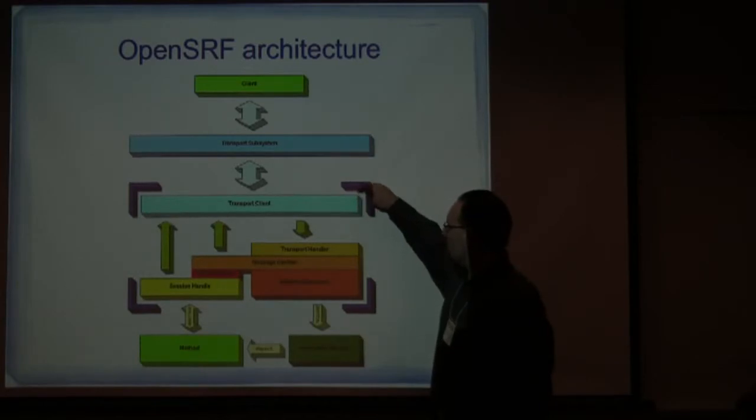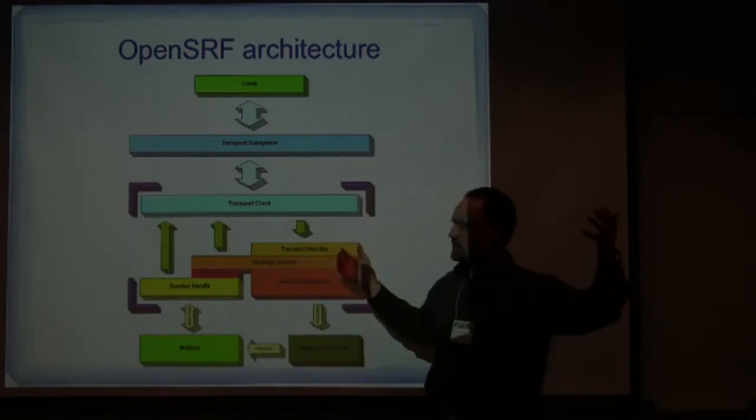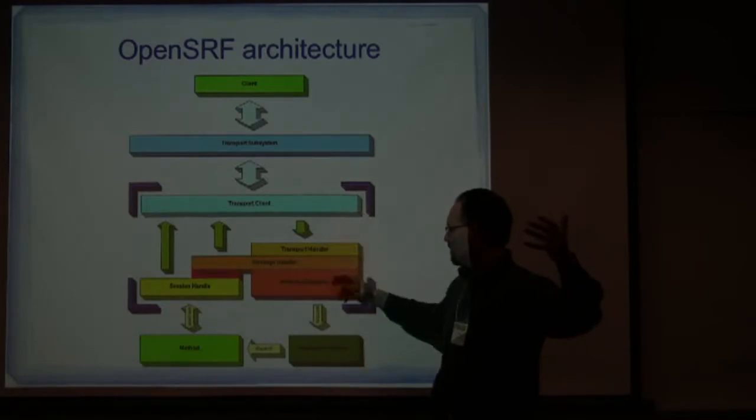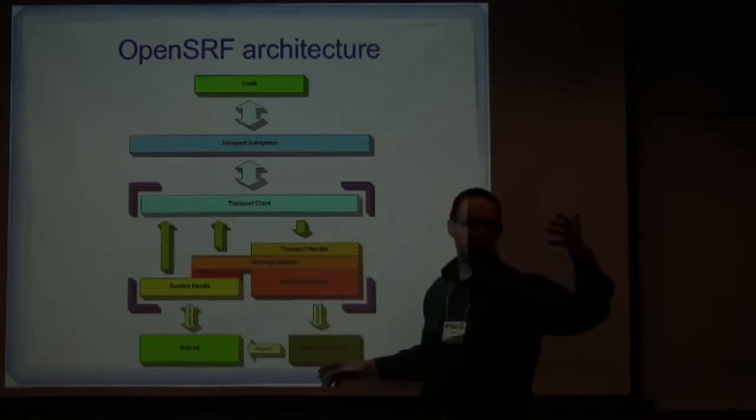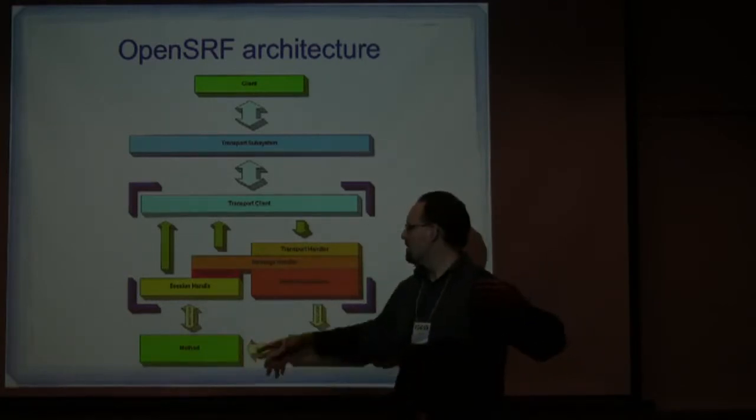Our transport client sits on the other side of the Jabber, the XMPP or Jabber router. It accepts requests, says, okay, what service are you requesting, which eventually works its way down to an application module that implements that service. What method of that service are you requesting?